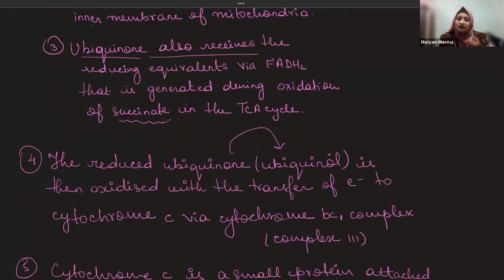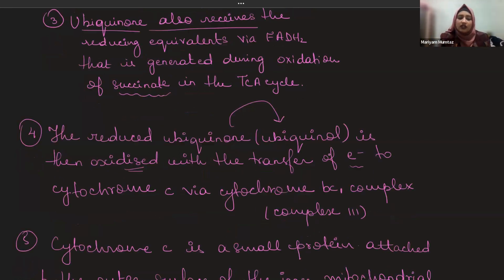This ubiquinol gets oxidized with the transfer of electrons to cytochrome C, via the cytochrome BC1 complex, which is complex 3. So it sends the electrons to cytochrome C with the help of a carrier, the cytochrome BC1 complex.